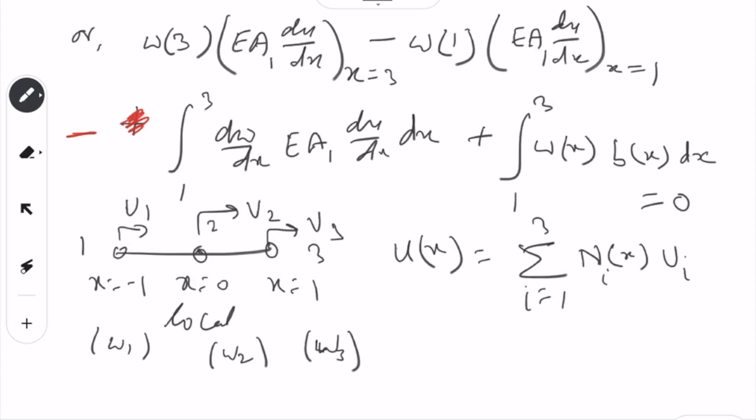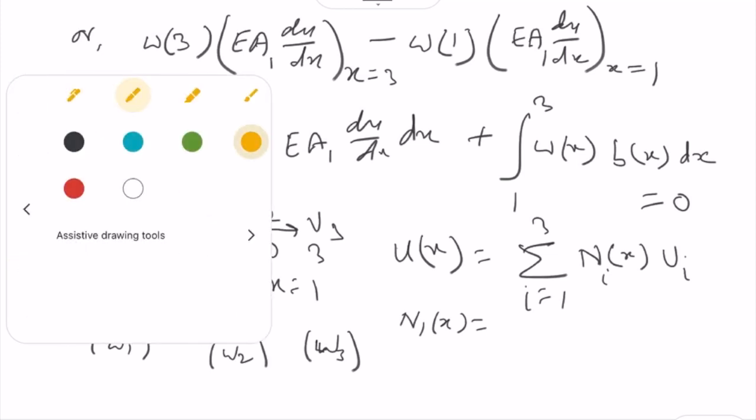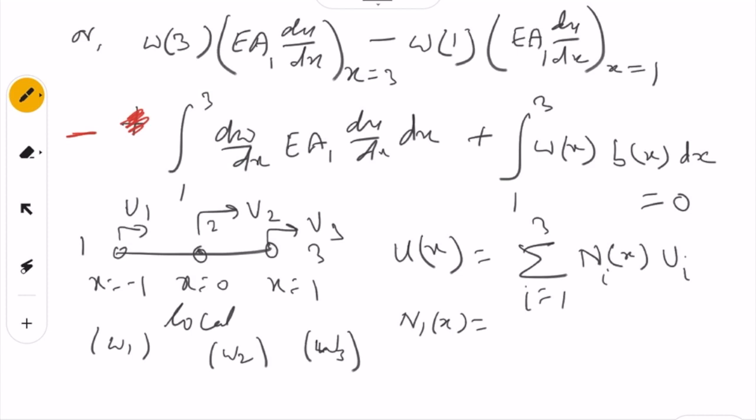We also worked out last time what the N should look like. So N1(x) will be equal to something like this. Okay, let us do it on the next page.